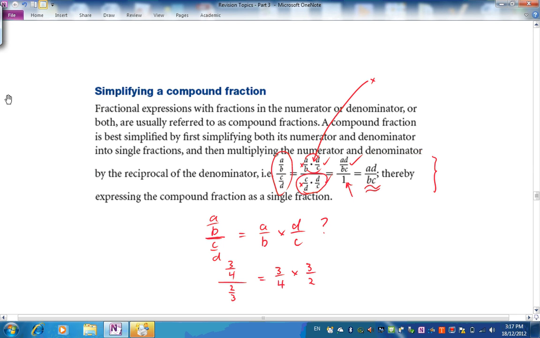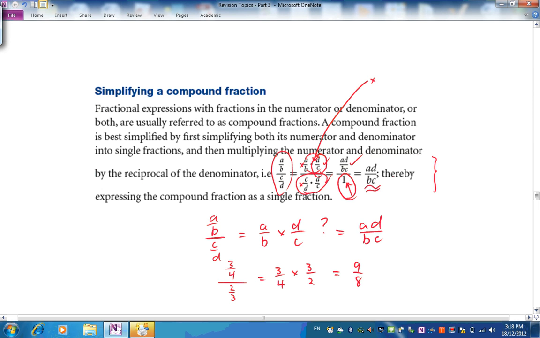And that's where teachers get the rule of invert and multiply, because it works. Okay, so that's a little rule or pattern because it works, but the real maths behind it is nothing to do with invert and multiply. It's actually multiplying top and bottom of a fraction by the reciprocal of that bottom, so you're making it 1.